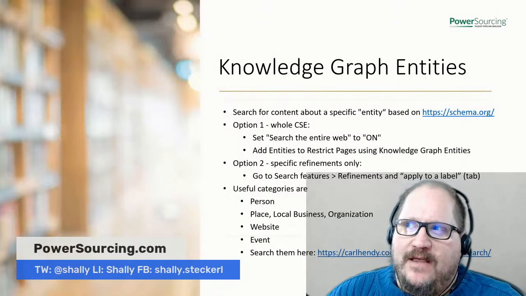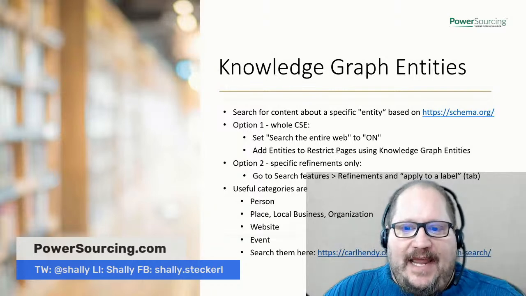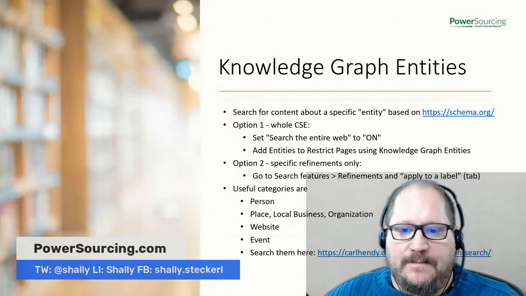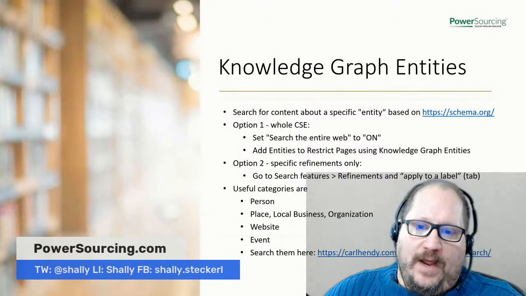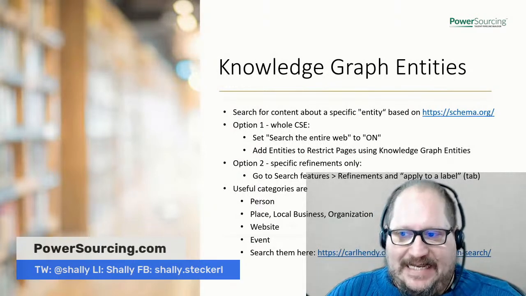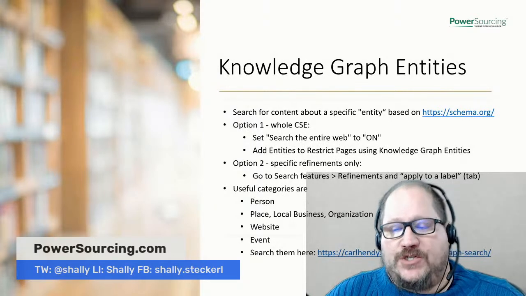So these are kind of large ideas and concepts. I call them categories, or perhaps they're better off as entities like Google calls them. And you can do this in 2 different ways. You can use Google's knowledge graph entities, or you can use the schema.org construct.